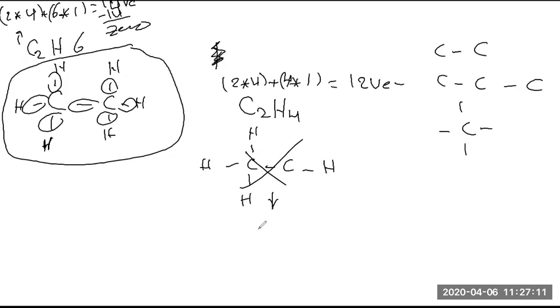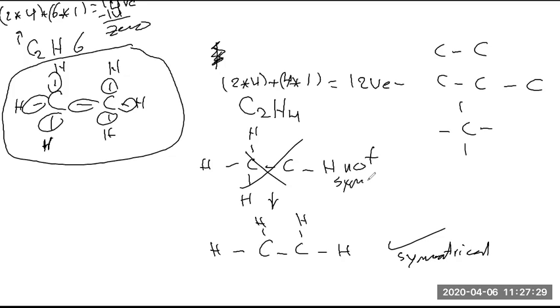So you have to make it carbon, carbon, put 2 hydrogens on this carbon and 2 hydrogens on the other carbon. This is symmetrical. This is not symmetrical. Now I use 1, 2, 3, 4, 5, so 10 electrons to make the connection. What is left is 2. Where will you put it? I will put it on this carbon, for example.